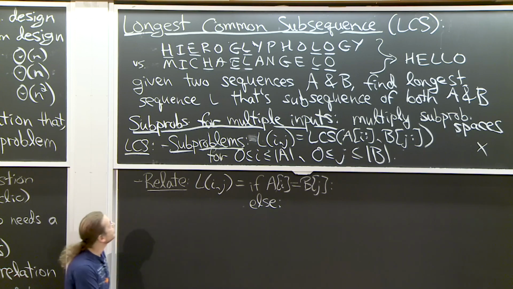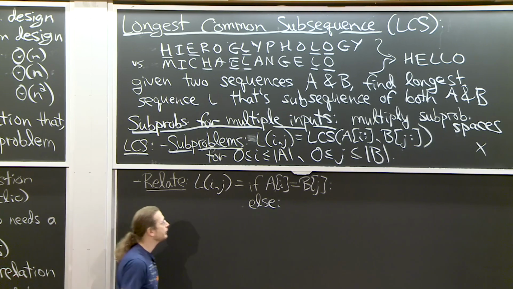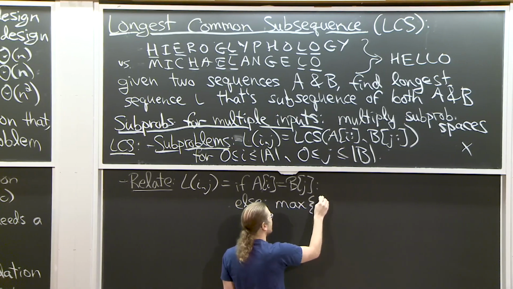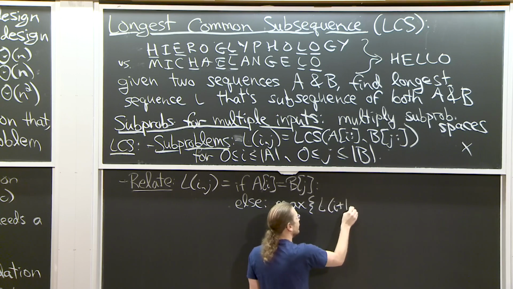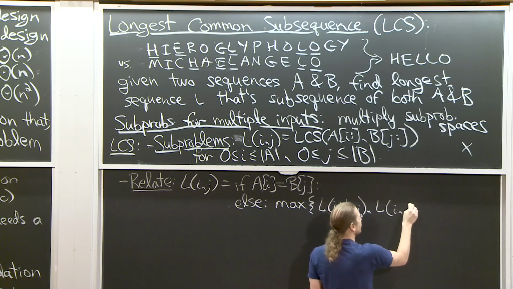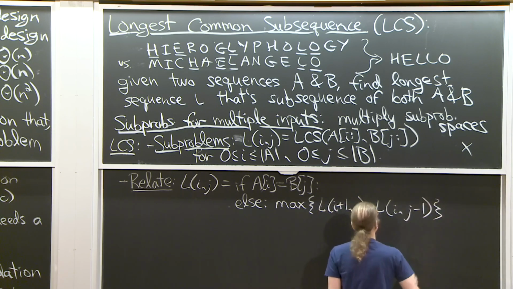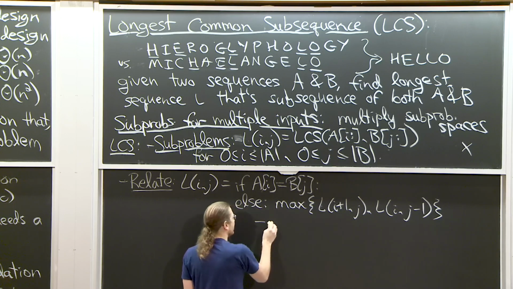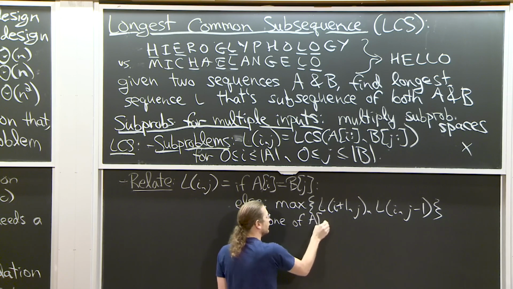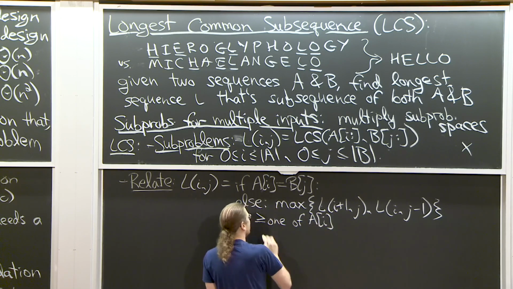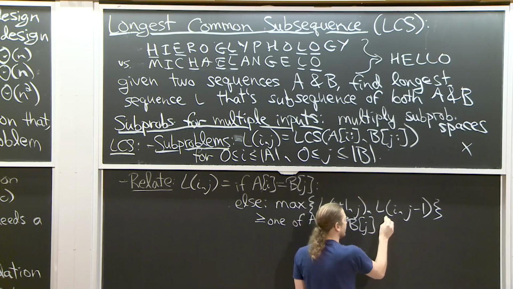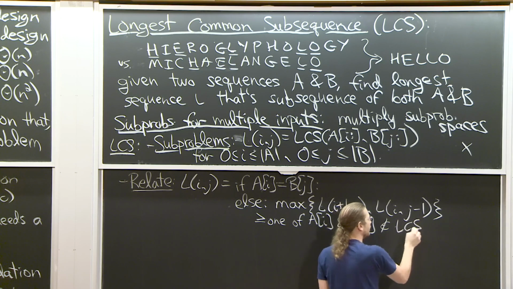And then we're trying to maximize the length of our common subsequence, so we'll take the max of L of i plus 1, j and L of i, j plus 1. So the intuition here is that at least one of A[i] and B[j] is not in the LCS.